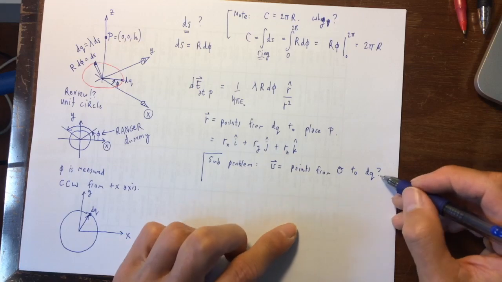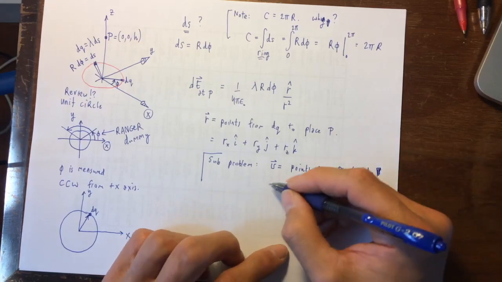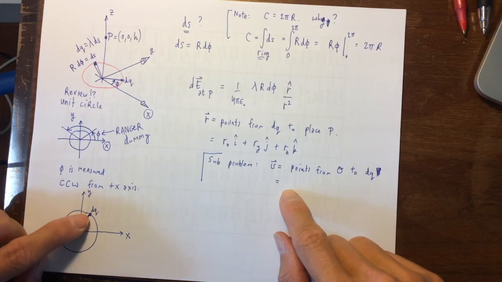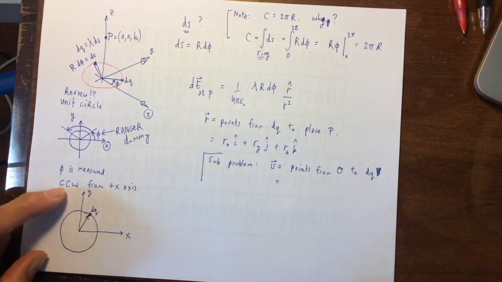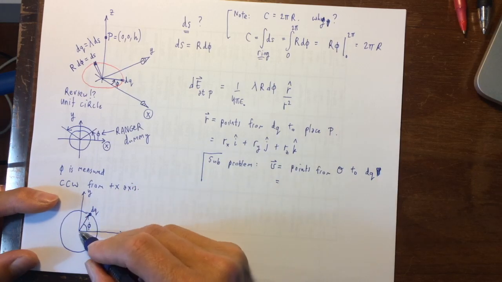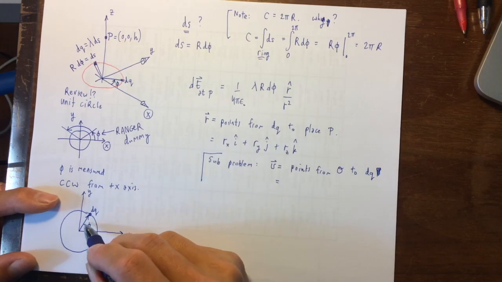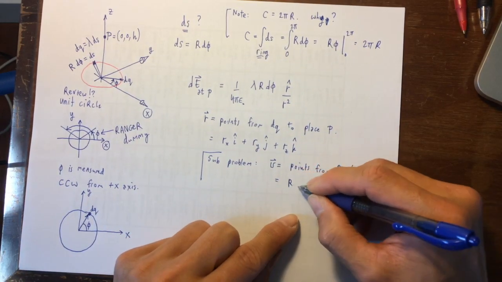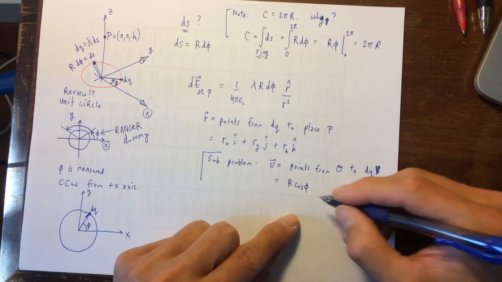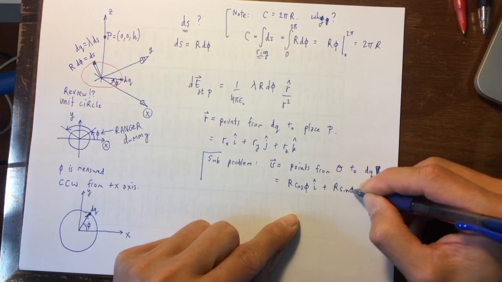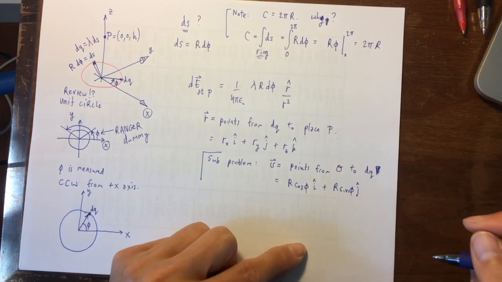The vector v points from the origin up to the location of dq, where dq is a radius capital R away, but at an angle sweep of phi. The answer looks like this: R cosine phi times i hat plus R sine phi times j hat.